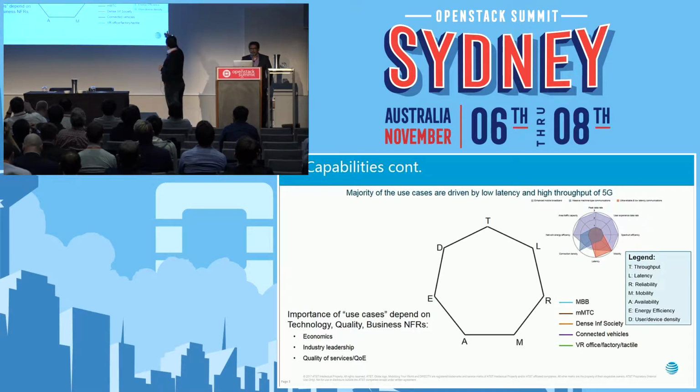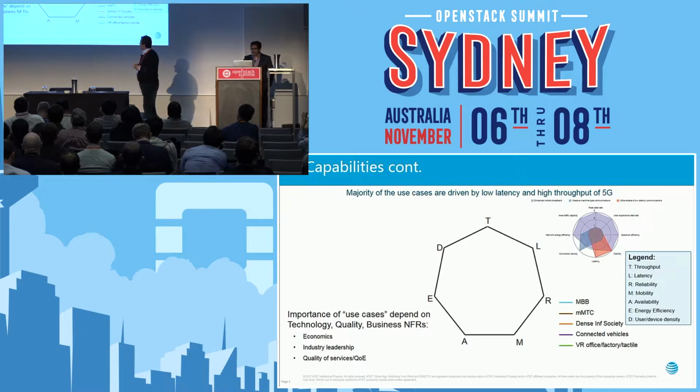Throughput, latency, reliability, mobility, availability, energy efficiency, and user device density. These are our key performance indicators, and we have a heptagon, a 7-dimensional polygon, of the extreme points of this technology.